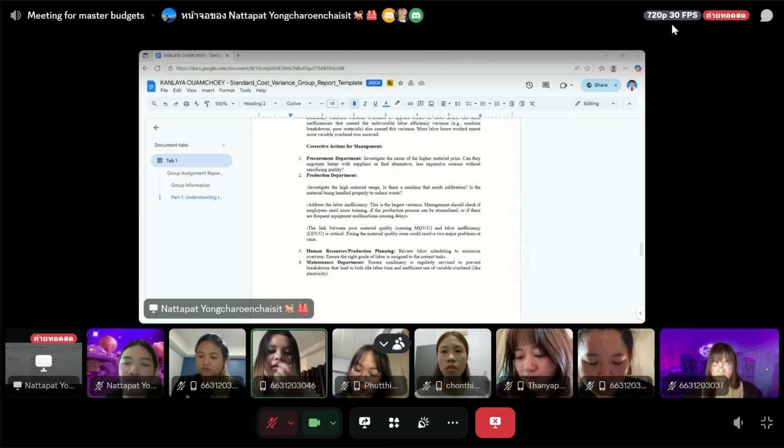Production must urgently tackle the root cause of excessive material usage and significant labor inefficiency, as improved material quality could resolve both issues. Concurrently, labor scheduling must be optimized to reduce overtime, and machinery must be properly maintained to prevent disruption.